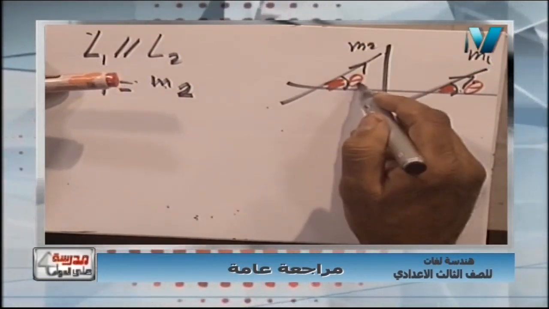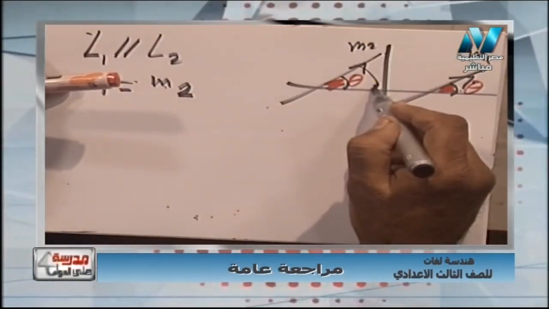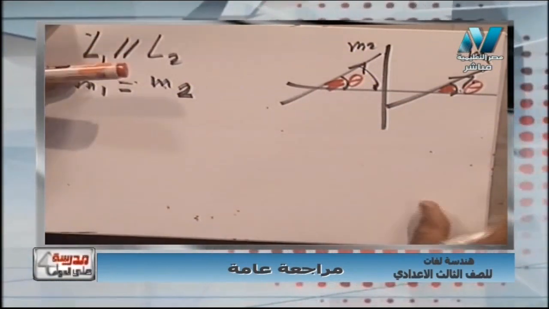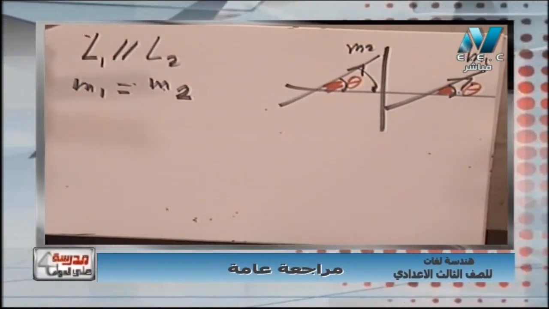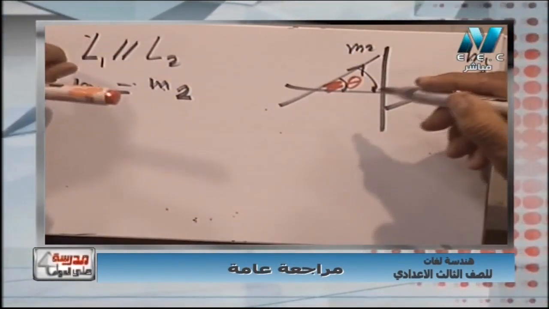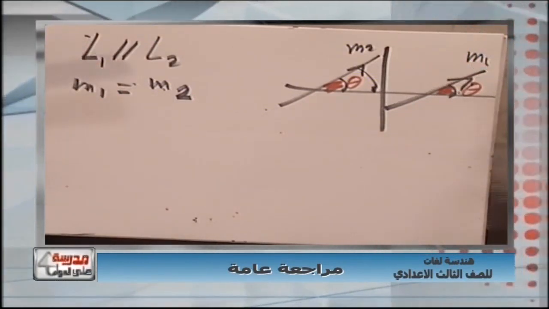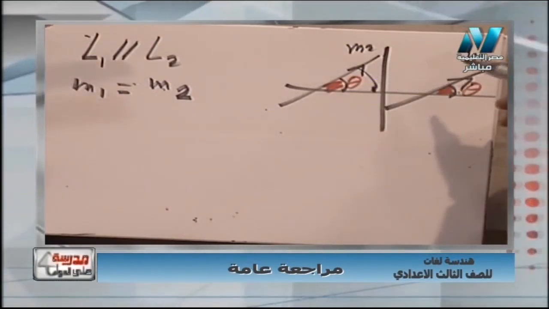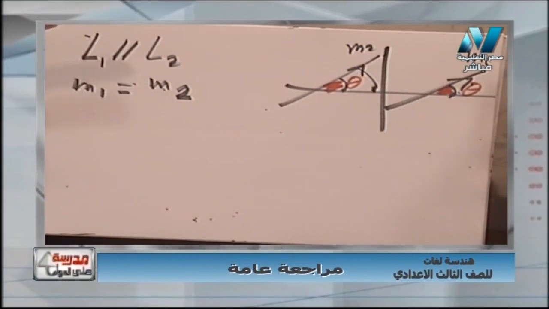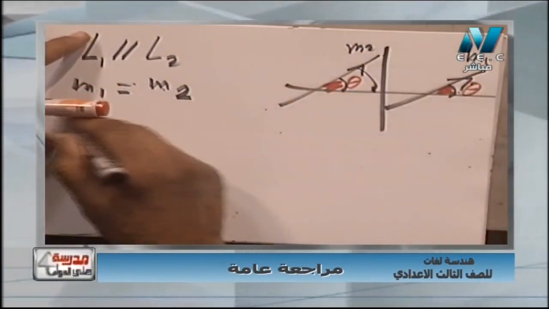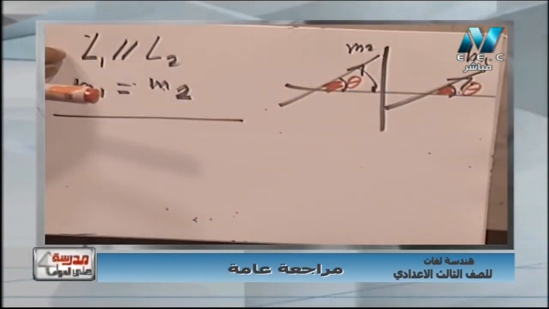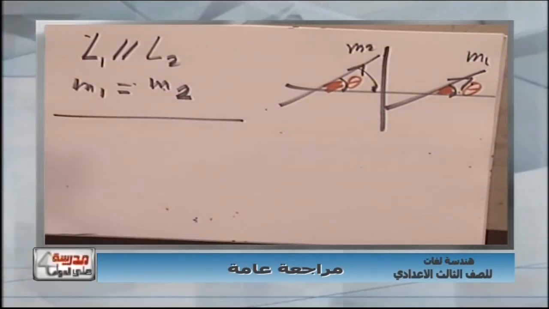You must know from second prep that if theta is acute, we get a positive slope, and if theta is obtuse, we get a negative slope. When 2 lines are parallel, their slopes are also equal. Very good.